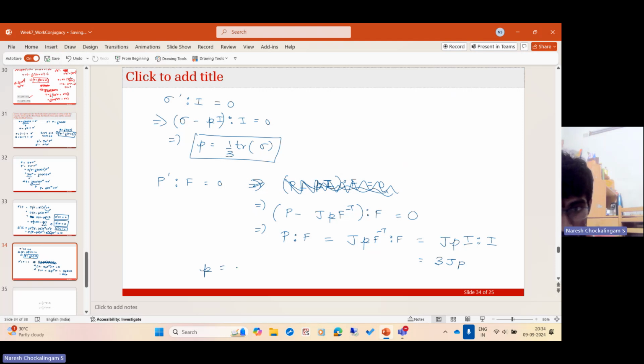So the pressure in terms of P is 1 by 3 J inverse F contracted with P.